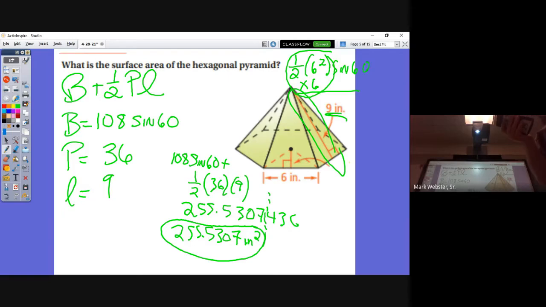First time I got like 15,000. Yeah, 108 sine of 60. Then you're going to do plus. Oh, that makes sense. Right. And then not 2, but just 2.5.